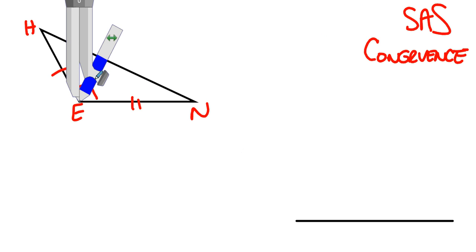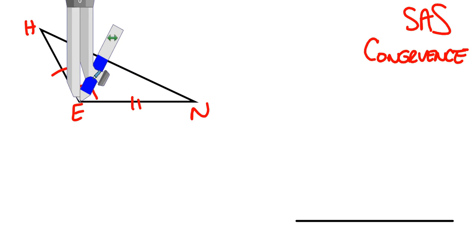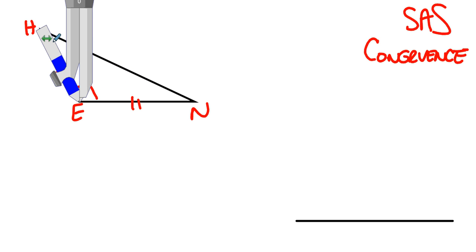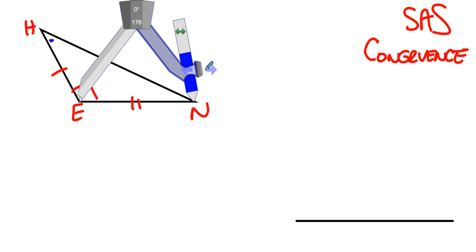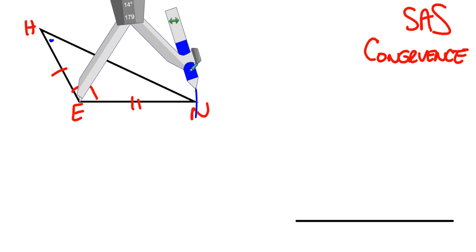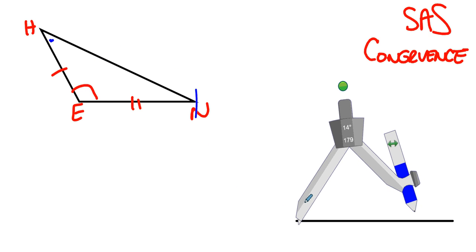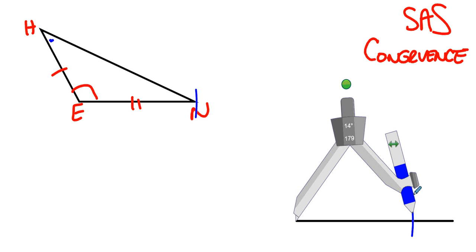We're going to measure how big EN is. We make a measurement, and we come over here and make a measurement. Just like in the last screencast, we are copying a segment length. That's a side.